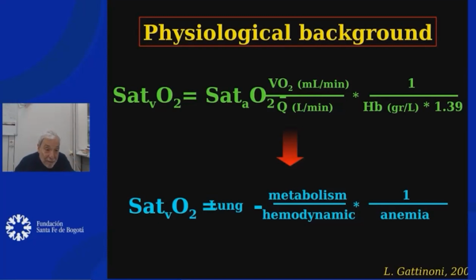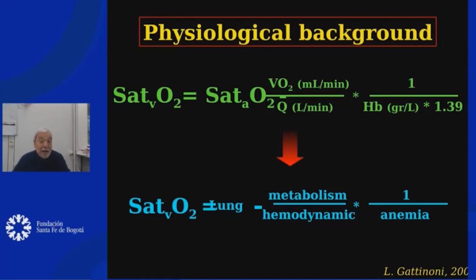When you have changes in venous saturation, it means that either the arterial saturation has some problem, that means the lung has some problem, or the ratio between oxygen consumption and cardiac output has some problem, that means metabolism and hemodynamics, times the transport.